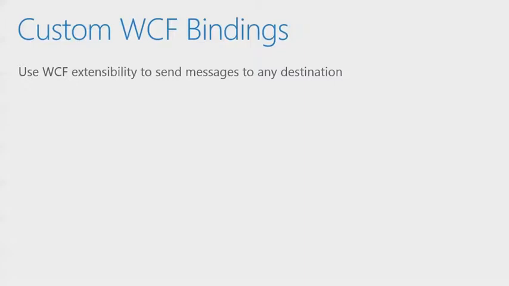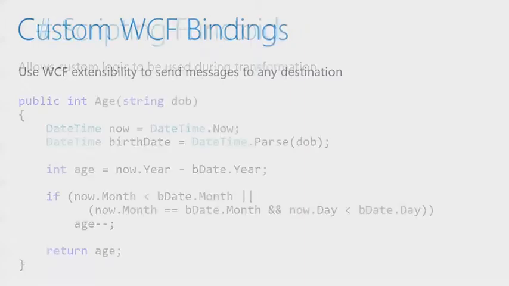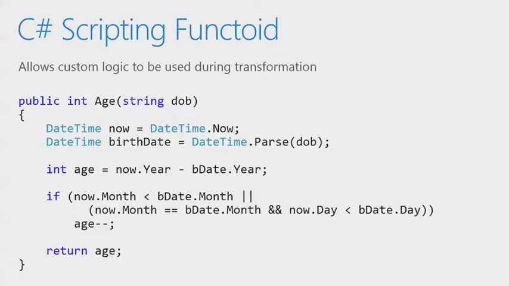Yes. You showed how you can customize the outbound side of the bridge with custom bindings. Can you do something similar on the inbound side of the bridge? On the source side? Yes. Source side currently is not possible. So it's not customizable at all. It's not customizable today on the source side.